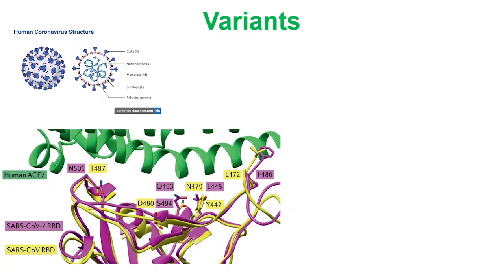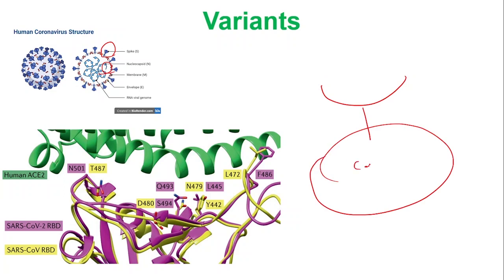As I said earlier, what are the two most important things of coronavirus? Spike protein and RNA. The spike protein binds to the receptor of human cell, and this spike protein has one domain called the receptor binding domain. Suppose this is coronavirus and this is spike protein.